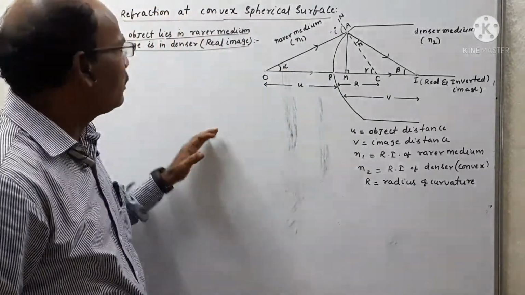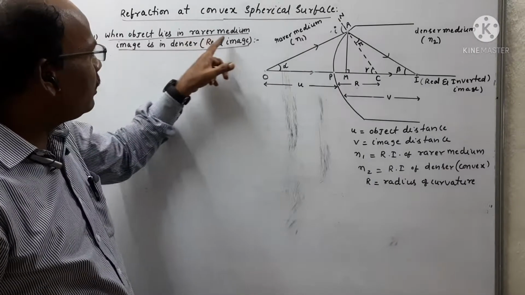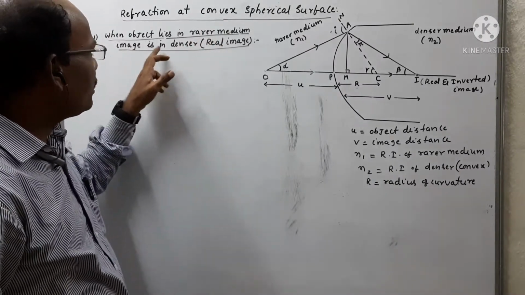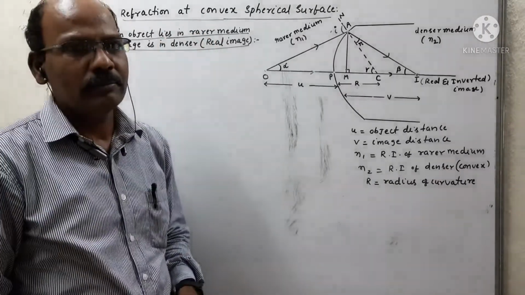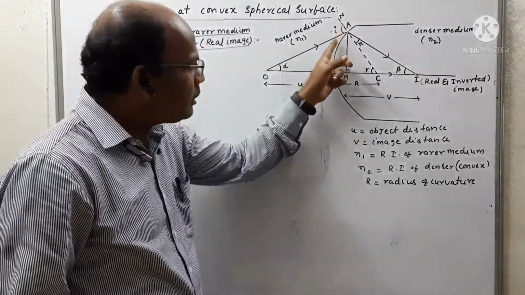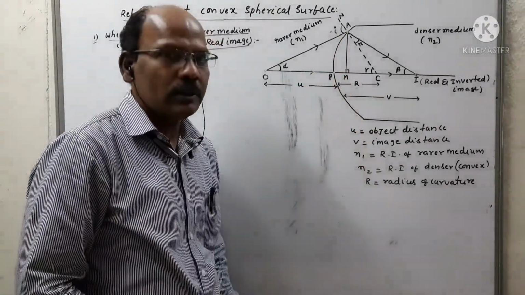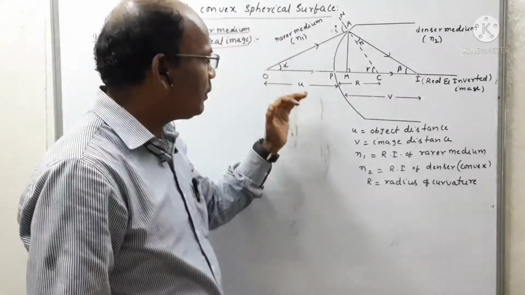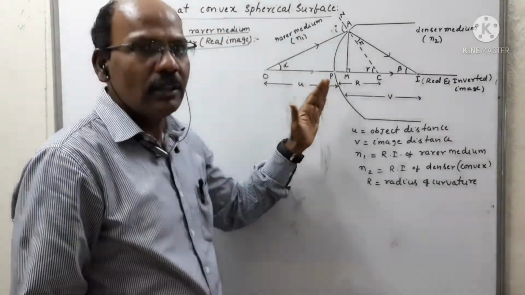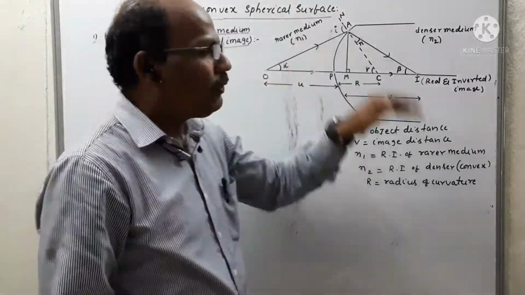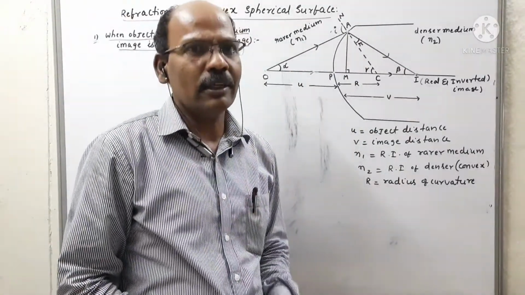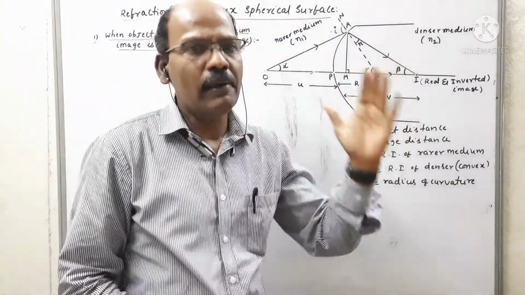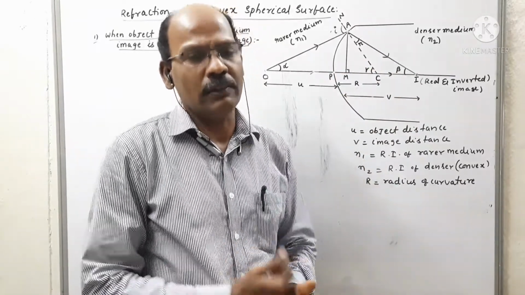The first condition is when the object lies in the rarer medium, the image is in the denser medium. So this is the convex refracting surface. When a point object is kept in front of the lens, in the rarer medium, it forms a real image, that means on the other side of the convex refracting surface.